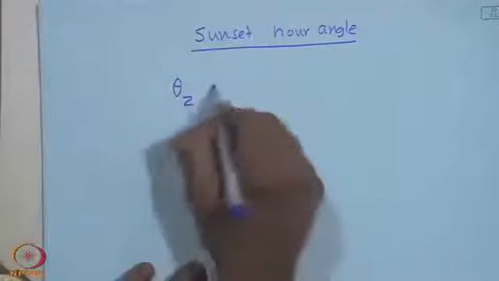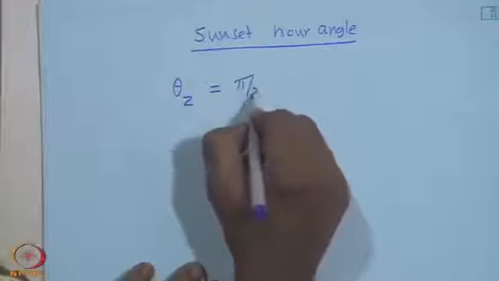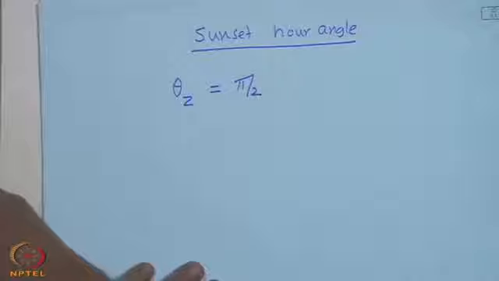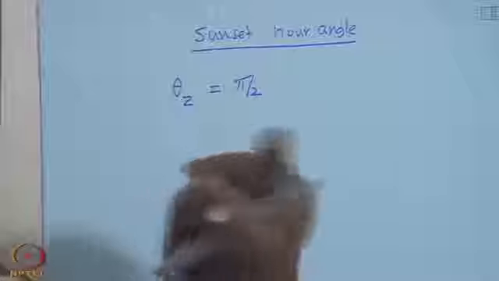So, you put theta z is equal to pi by 2, because remember you are measuring from the vertical. So, a horizontal ray will be at an angle of pi by 2 and not 0.